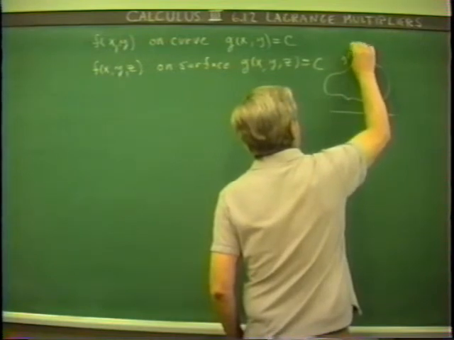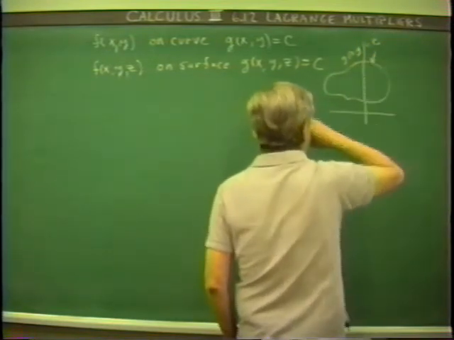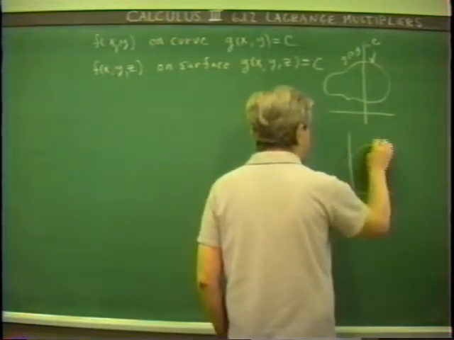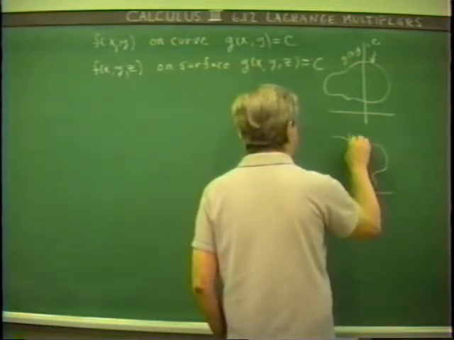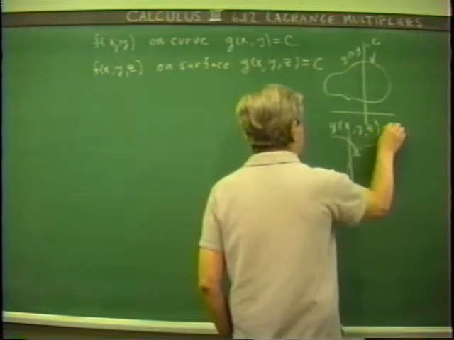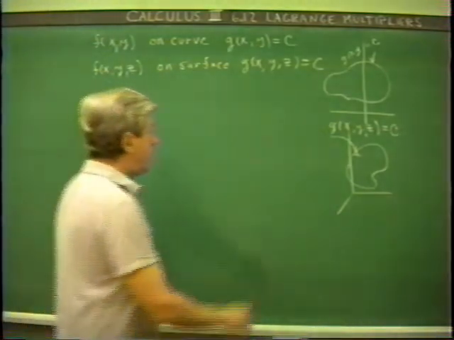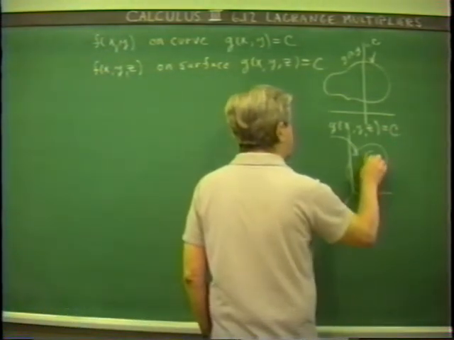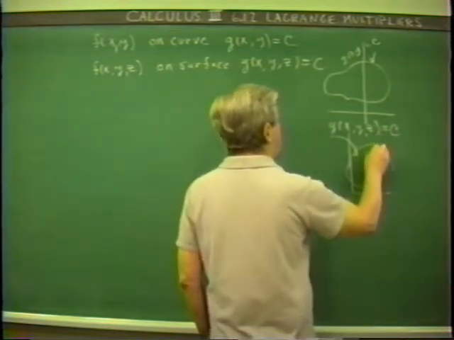The first situation here is in the plane, and you've got some sort of g of x and y equal to a constant on this curve. The second one is in three-dimensional space. You've got some sort of a surface here then, where this is the surface where g of x and y and z is of a particular constant value.